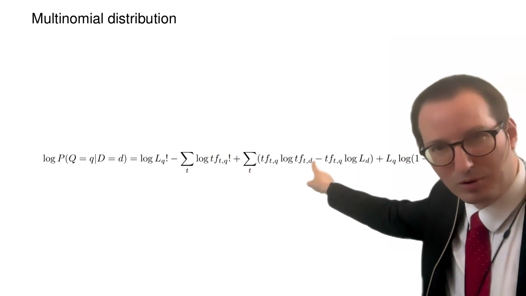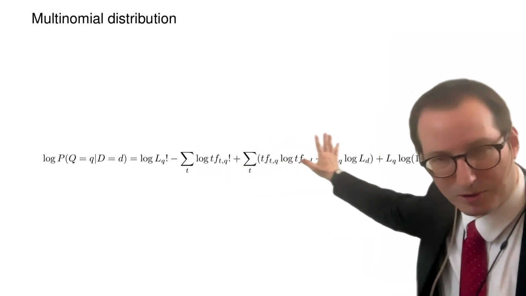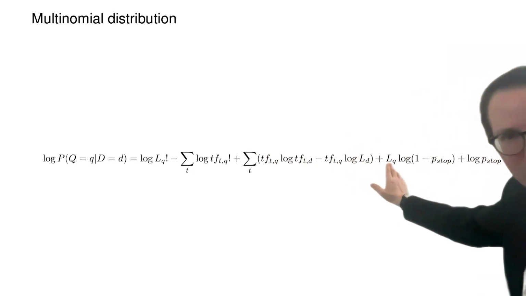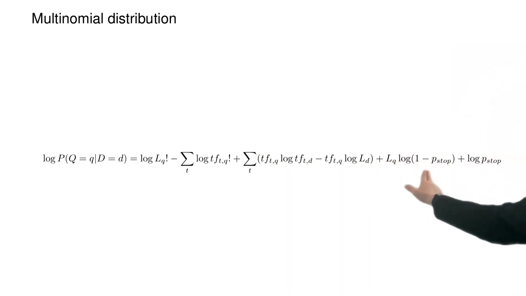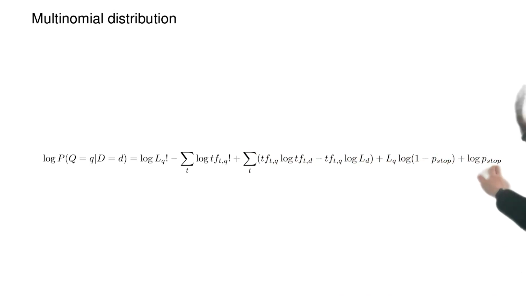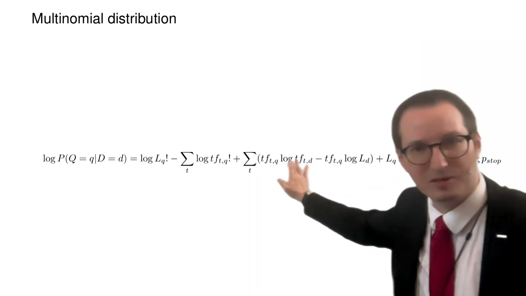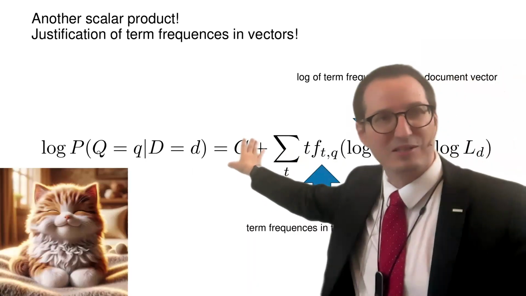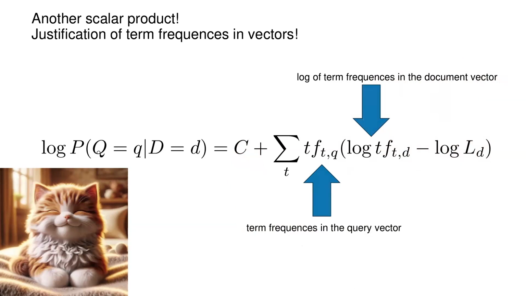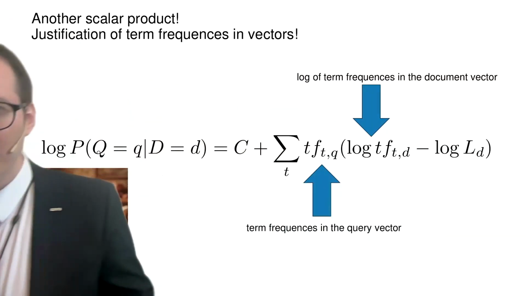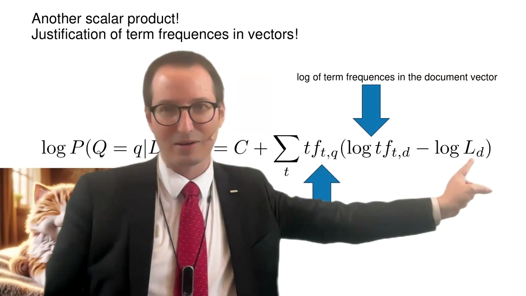Here, I need to be careful. There is D, so this is not constant. That's going to change with the document. This is constant. There is no D in here, no D in here, no D in here. This is all constant. So the only thing that's actually not constant is this, right? So I'm going to put all the rest in C. That is a constant that doesn't change with the document, plus my sum, because now I have a sum of this right here.